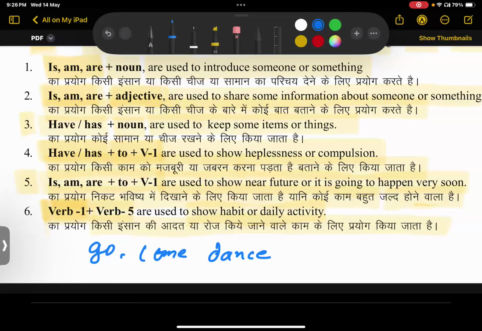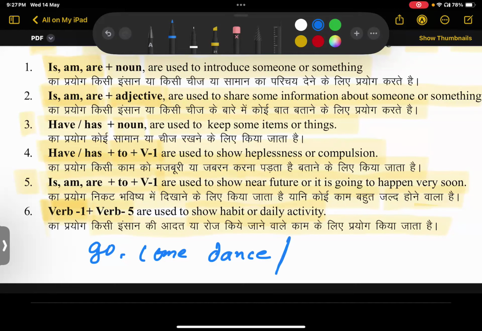But if your subject is singular number, especially third person singular, all singular except I, if your subject is he, she, Ina, Mina, Dika, Rika, any name, in this situation you will use fifth form.